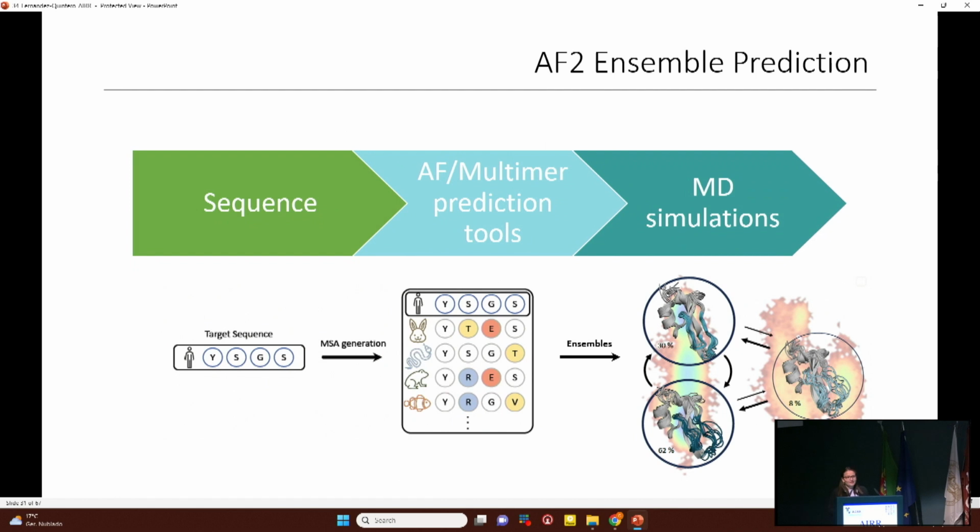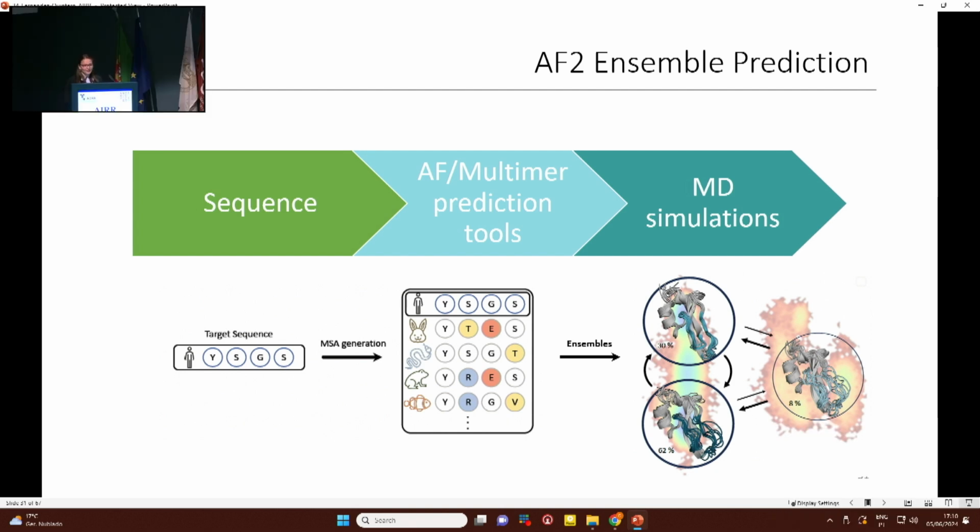So now that we've seen structure prediction works quite well, apart from the CDRH3 loop, and of course antibody CDR loops should be considered as conformational ensembles, wouldn't it be great to use AlphaFold to then get conformational ensembles of antibody CDR loops? And this is something we have been working on for quite a while.